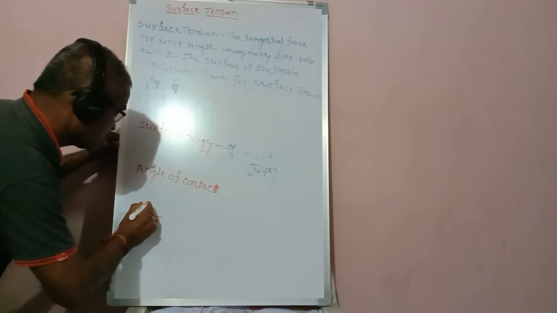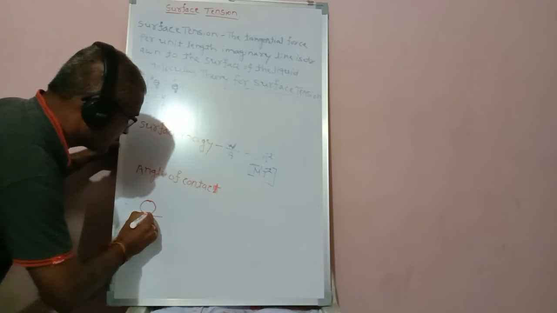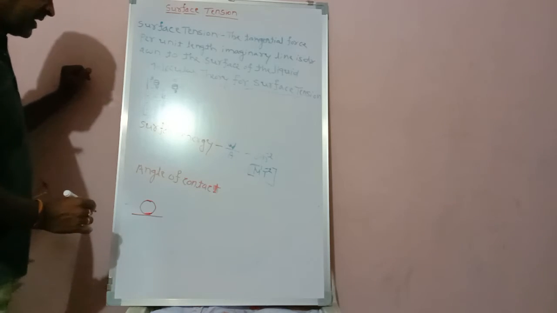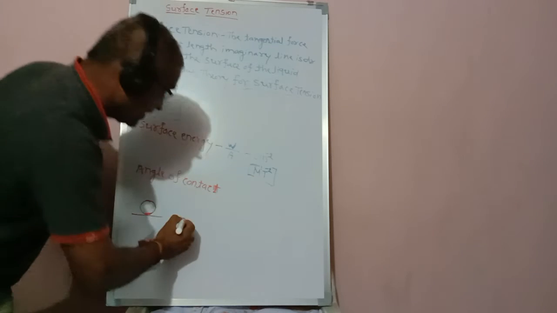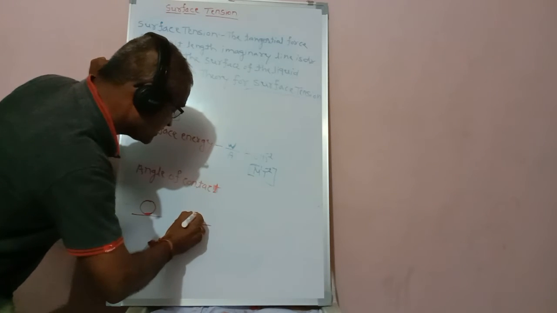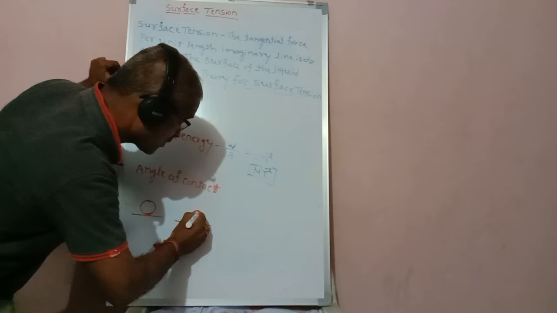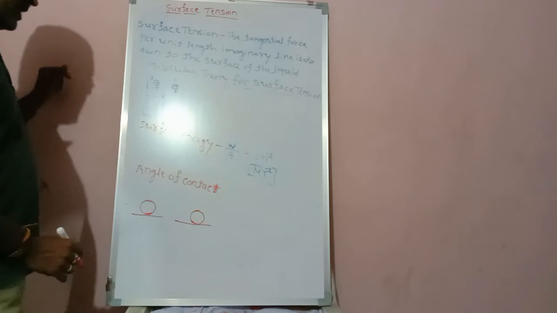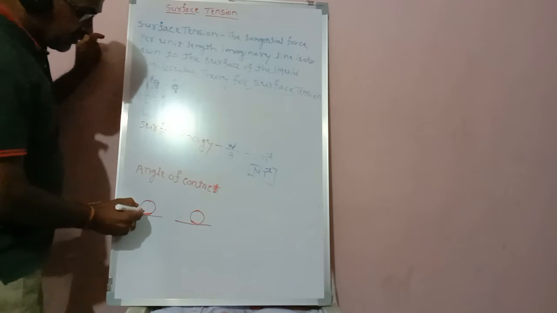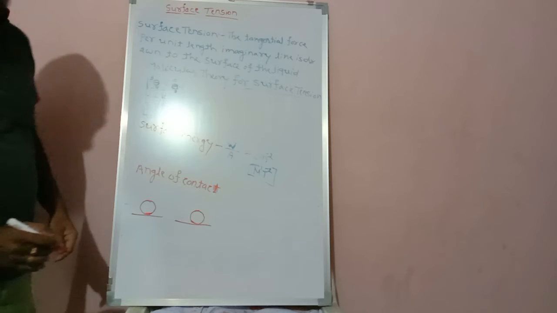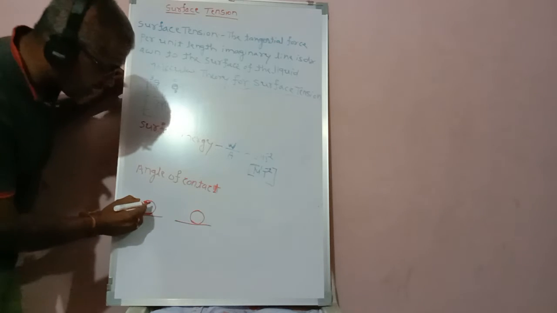See this one. This is the water. A liquid drop placed on the solid surface comes like that, and that surface is curved. And here is another liquid, like that. Here water is taken.